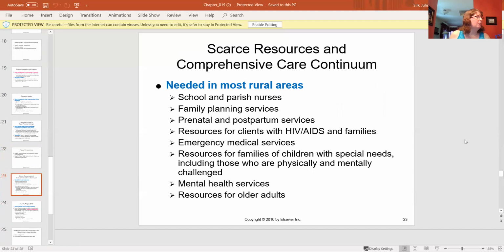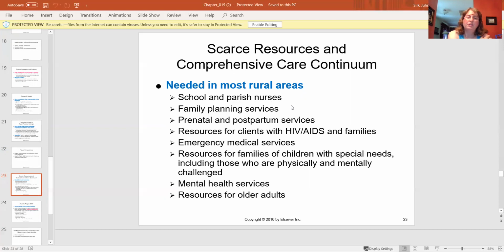If you had a really good school nurse, that would help tremendously in a rural community where maybe they hardly ever get health care, but at least if they're at school, they can get some care. Parish nurses are great too, because if someone belongs to a church, this parish nurse is their access to healthcare. This parish nurse can monitor blood pressures and monitor the health of the people in that community. So that would be a great thing to have.